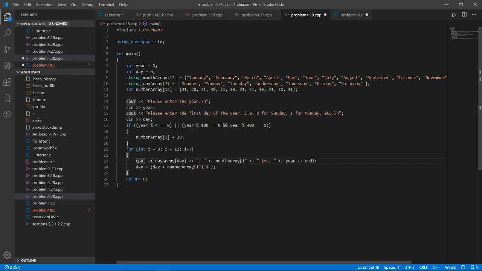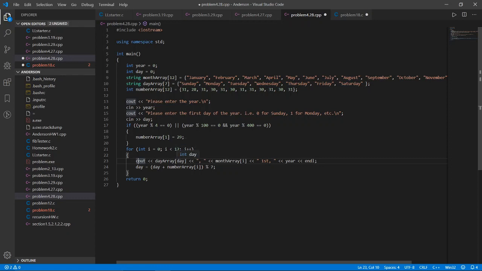And then we're going to cout the day array and day. So that will give us, for our first user input for January for 2020, the first day of the week. January 1st was a Wednesday. So the user should have, if it was 2020, put in a 3.